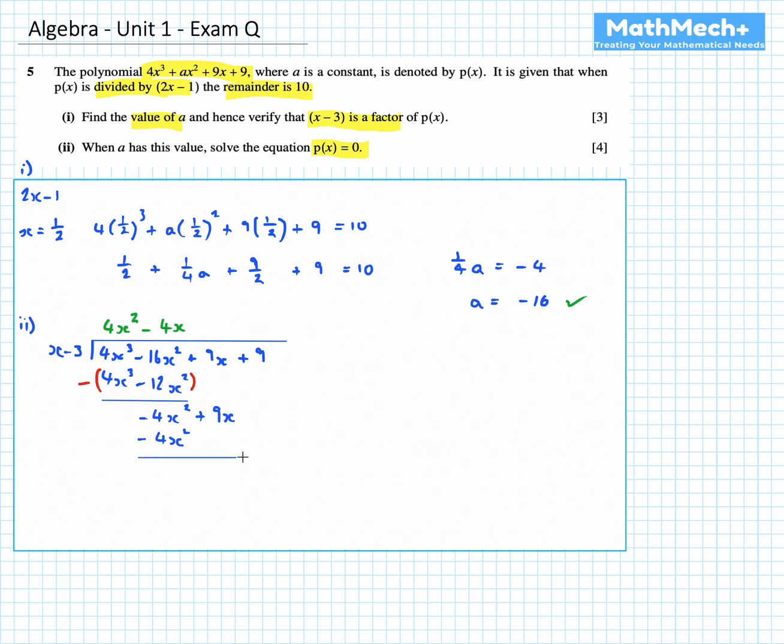Minus 4x times minus 3 is plus 12x. Again, subtracting all of that, and we'll end up with 9 minus 12, which is minus 3x.